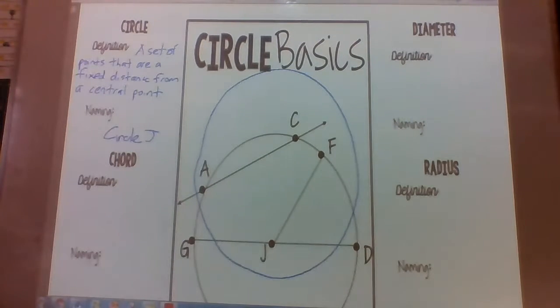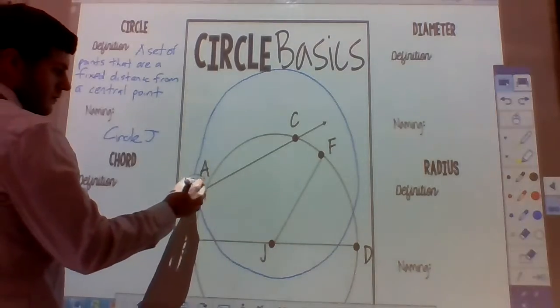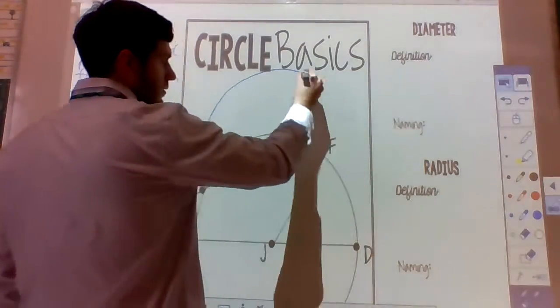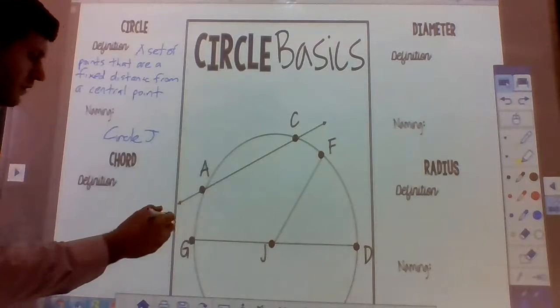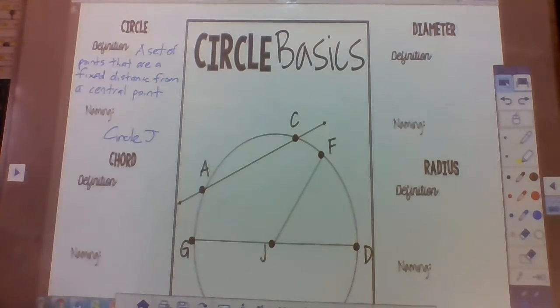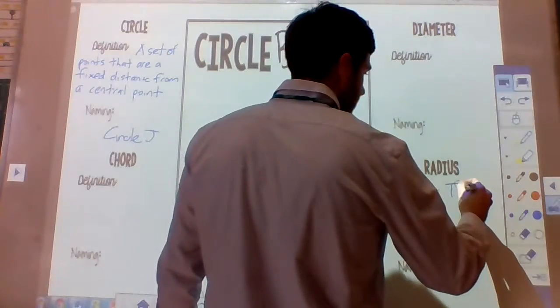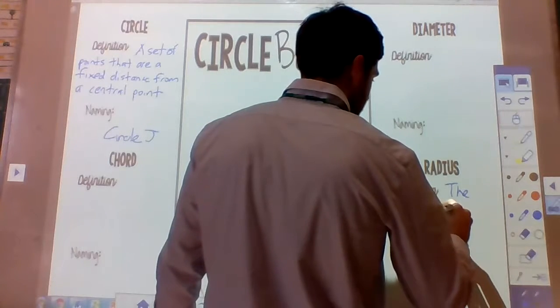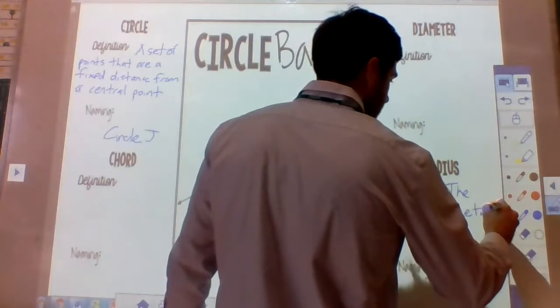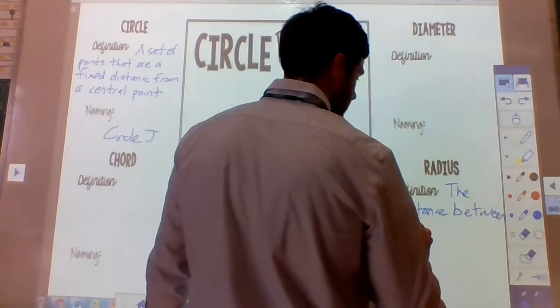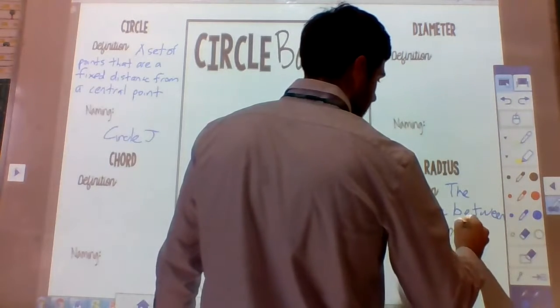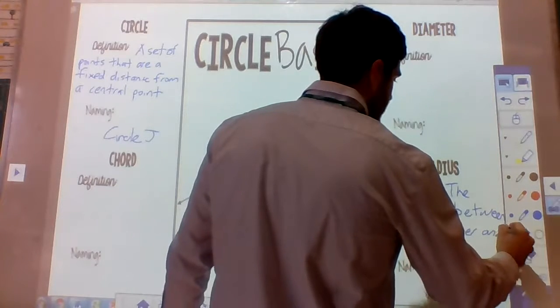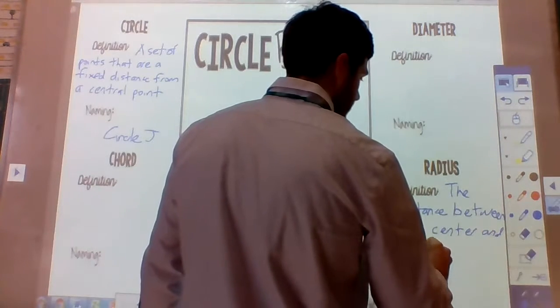Let's go to radius. The radius is defined as the distance between the center and a point on the circle.